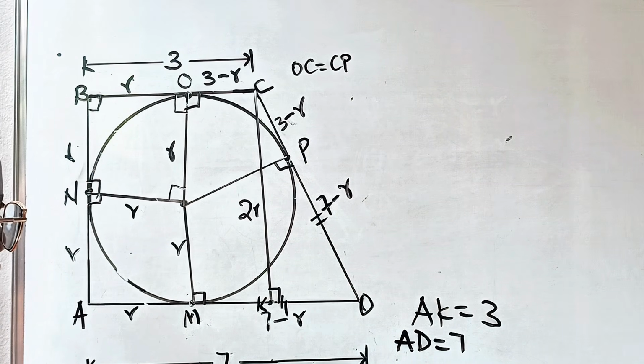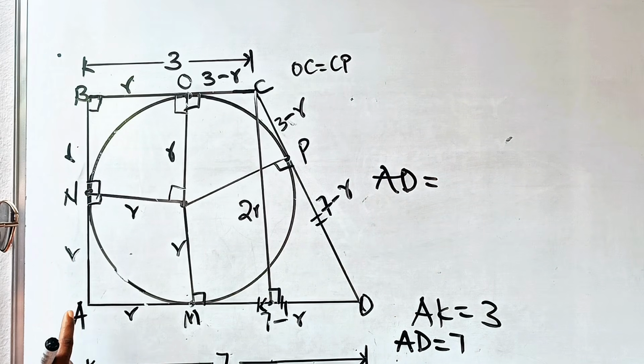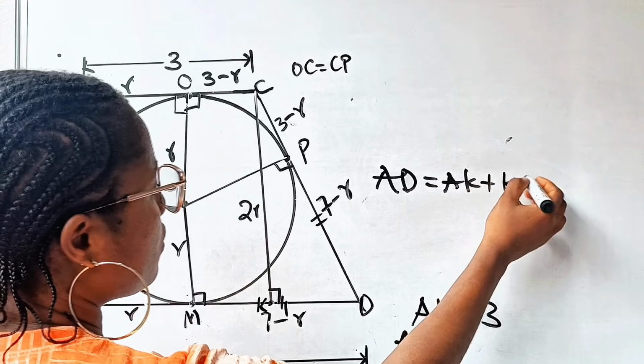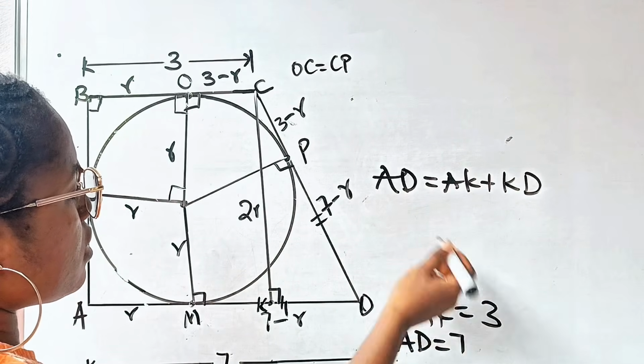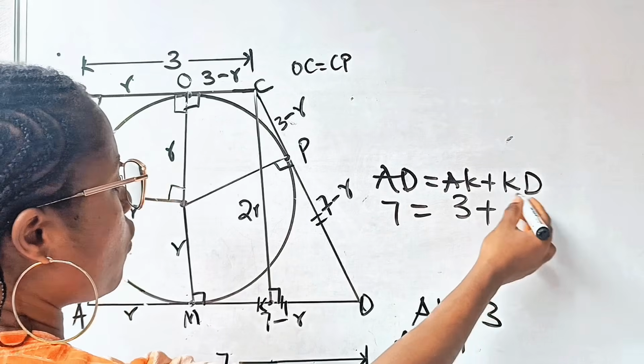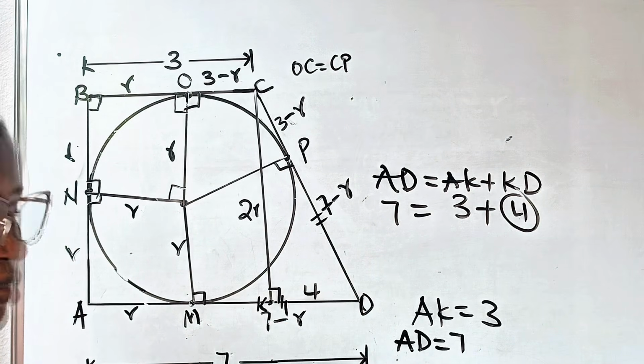Now remember that A to D, which is AD, is the same thing as AK plus KD. So AD is 7, AK is 3, that means KD is 4, right? So from K to D, this place is 4.